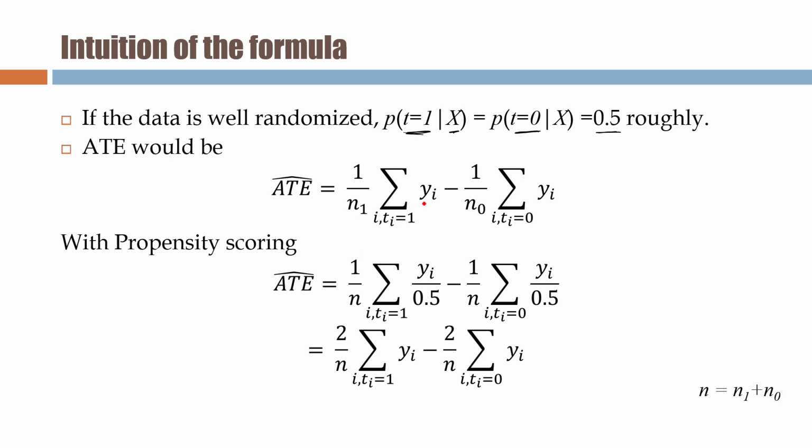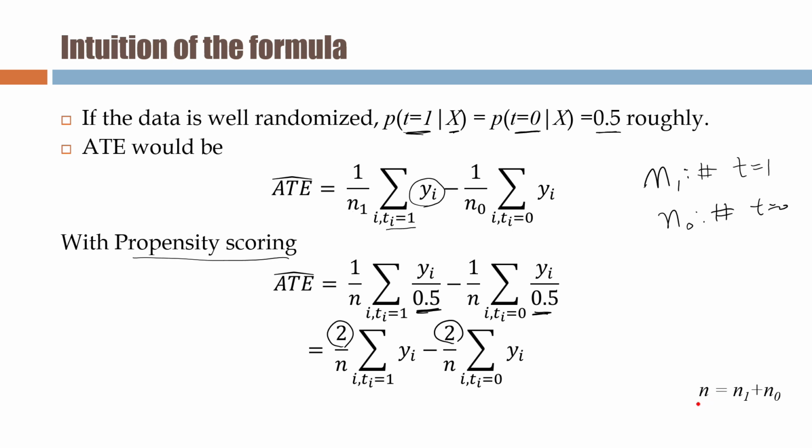You are just calculating the sum average of yi when t equals 1, where n1 is the number of data with t equals 1, and n0 is the number of data with t equals 0. So you have to calculate average minus average, but we use propensity scoring here. You divide by 0.5 and you divide by 0.5, everybody has the same probability. And dividing by 0.5 is the same as multiplying by 2, right? So this 2 comes up here and comes up here.